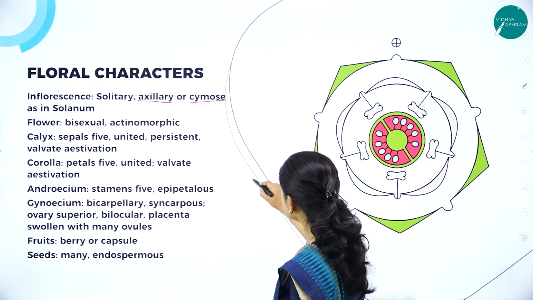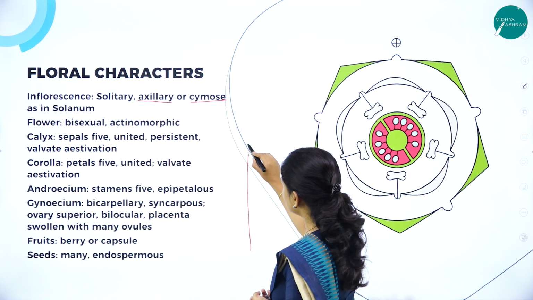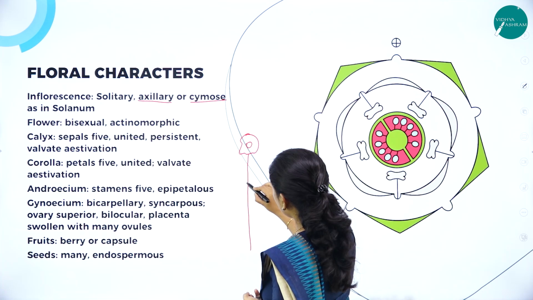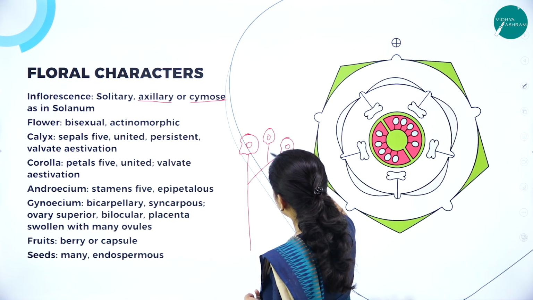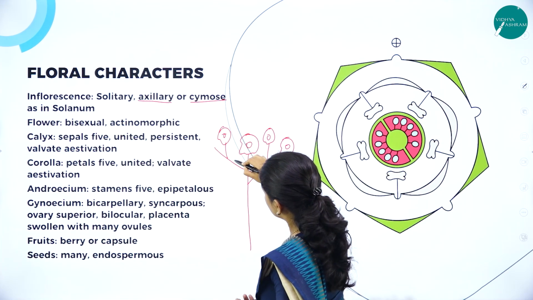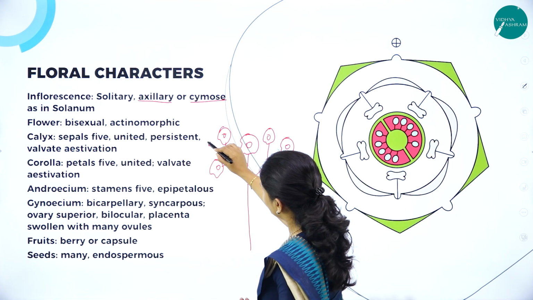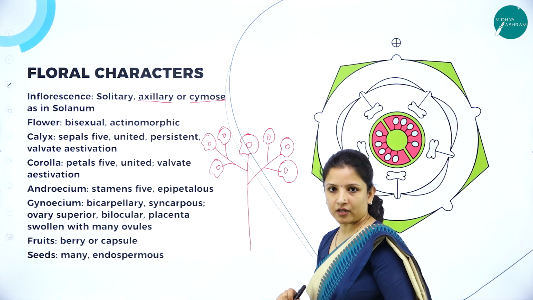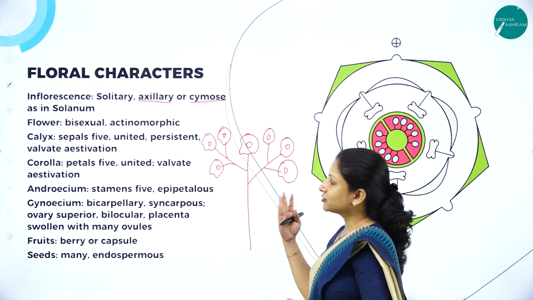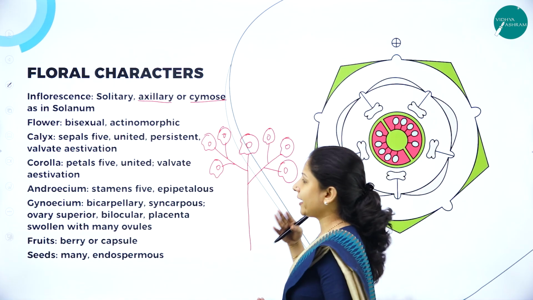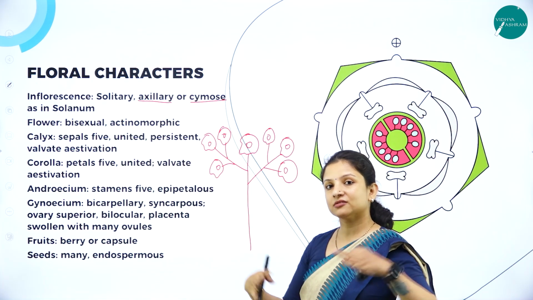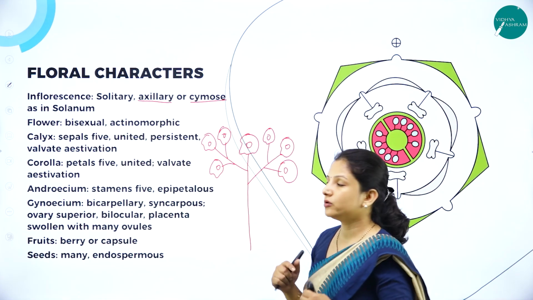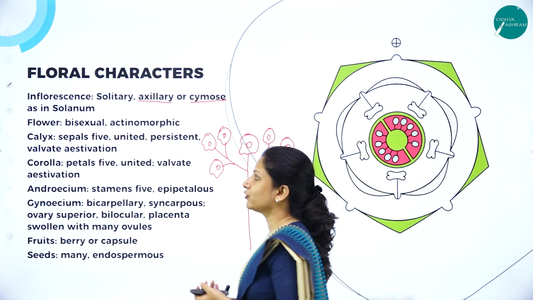Cymose inflorescence means we'll have the main floral axis, one flower will develop, then next floral axis, one flower will develop, next here also they will end up, here also they'll end up. So all the tips of the floral axis will end up having a flower. Therefore, it has a limited growth. That is called a cymose inflorescence, and always they have basipetal arrangement, wherein at the base the younger flowers will be there and at the top the older flowers will be there. So that is cymose inflorescence.